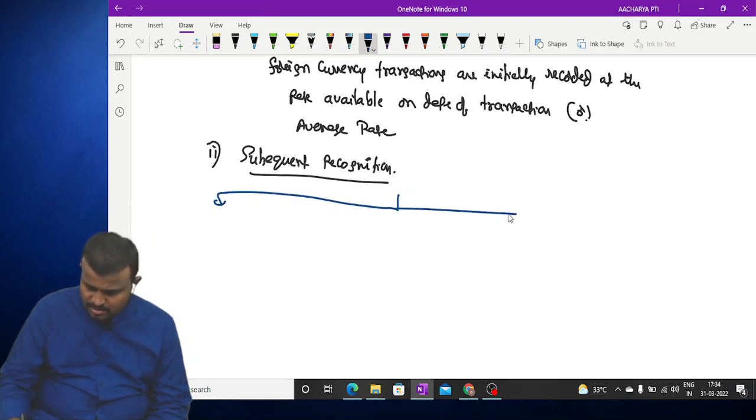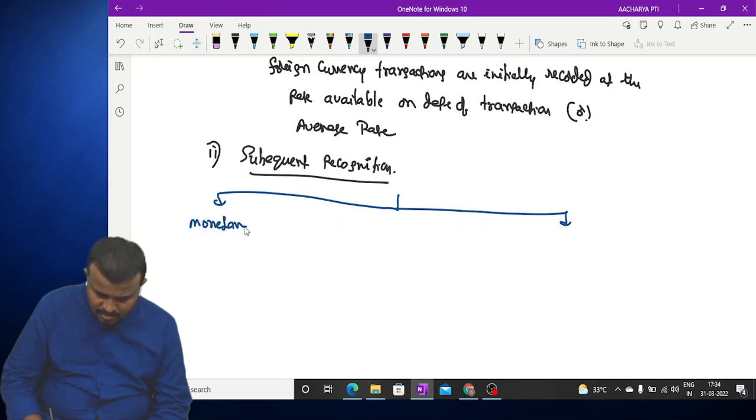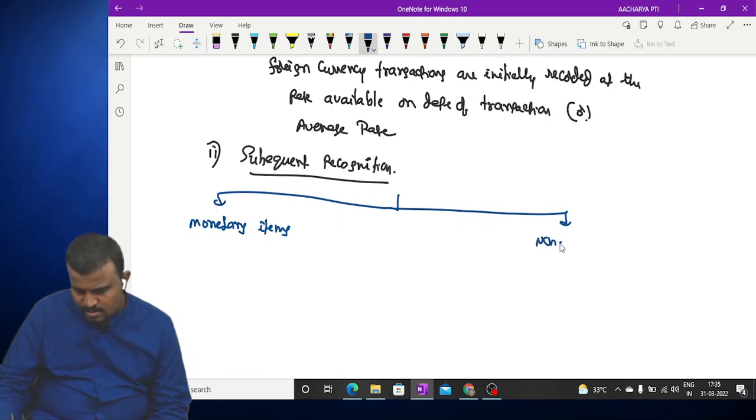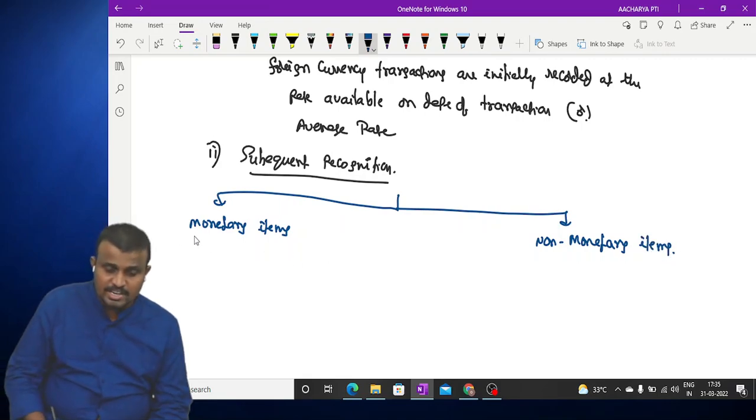One is monetary items and another one is non-monetary items.